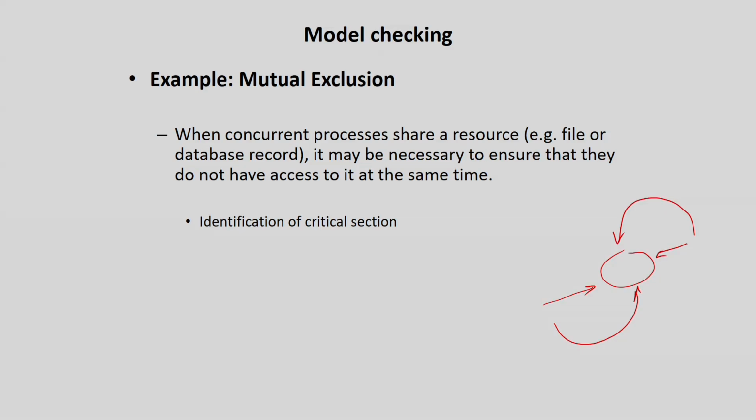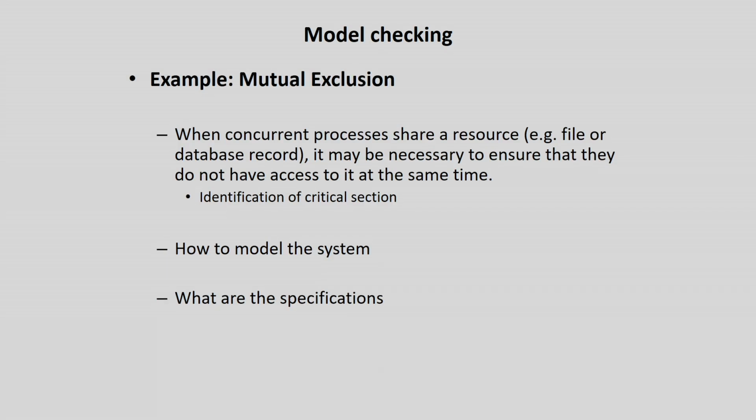So, this critical section has to be accessed mutually exclusively. For that we are going to see how to model the system, what the specifications or properties are that it needs to satisfy, and how to express those properties.